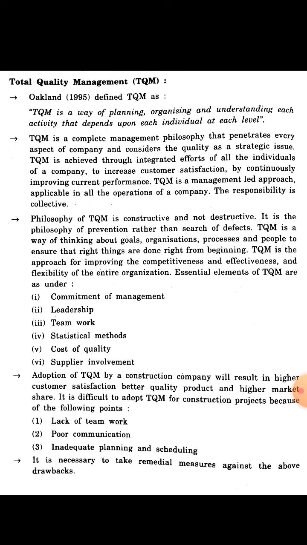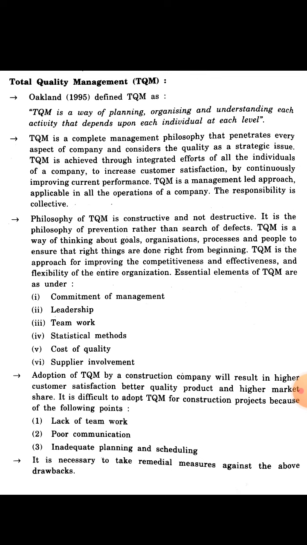Now TQM. What is TQM? Another topic we start is TQM, total quality management. Oakland in 1995 defined TQM as a way of planning, organizing and understanding each activity that depends upon each individual at each level.